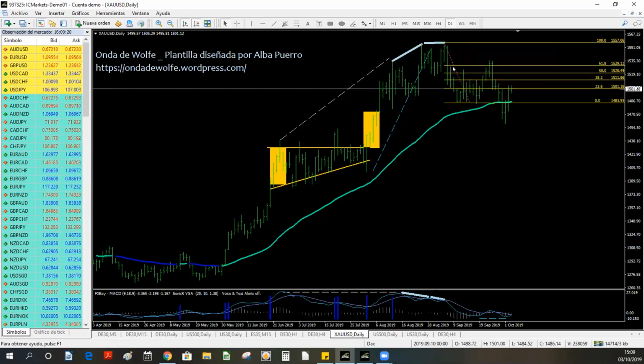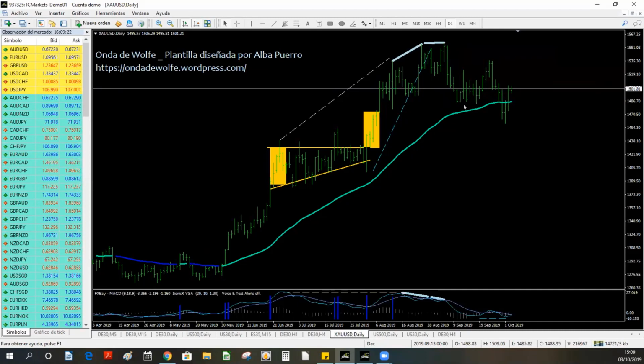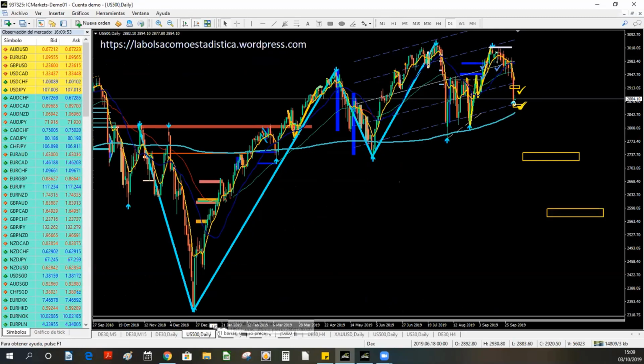Which is completed. Now, what led you to looking into this method of wolf waves? Fibonacci led to wolf waves. I would like to combine them. Well, because the reaction of the price normally is very strong.